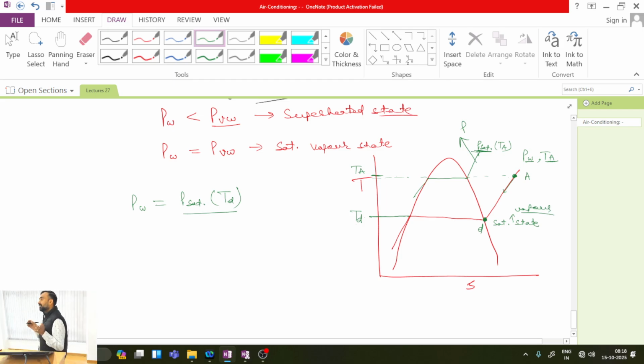Now after this point, if I start cooling, immediately the moisture will start condensing and I will have dew formation, so droplet formation. Is this point clear? This particular point at which the formation of liquid takes place, the vapor to liquid transition, is called the dew point. And the temperature corresponding to this condition is called the dew point temperature of moist air.